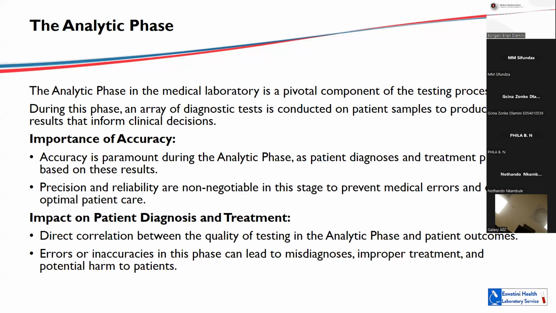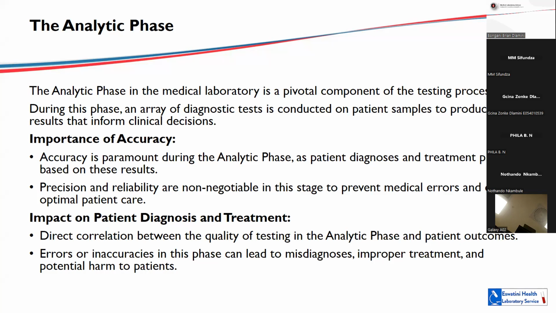If the patient is suspected to have malaria, then the test should say they have malaria and which species. If it's P. ovale, then its treatment may be different from treating P. falciparum. So that is how important it is. The clinicians will then give the right medication and the client will be safe.